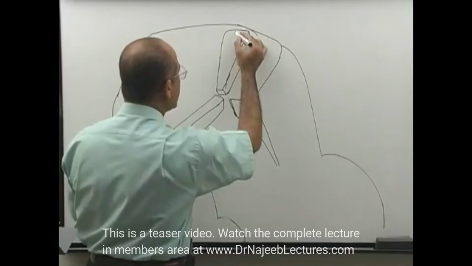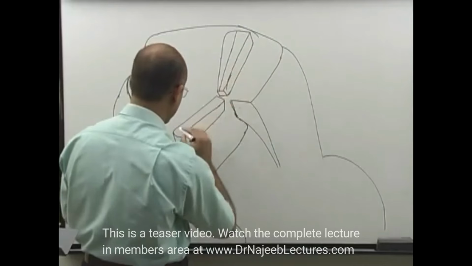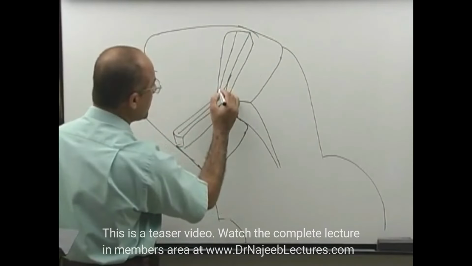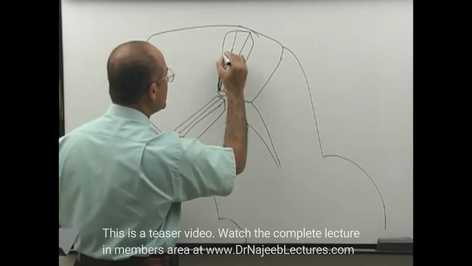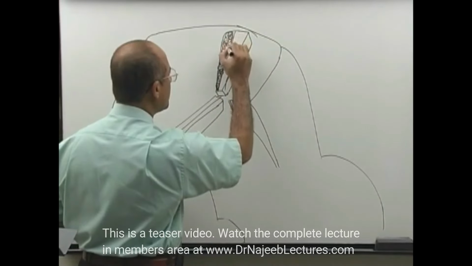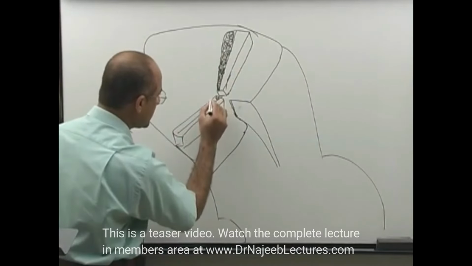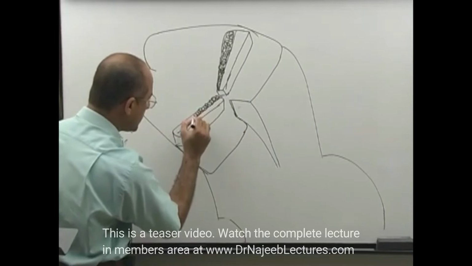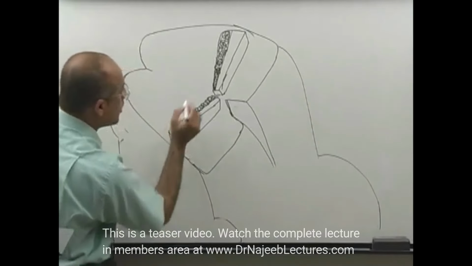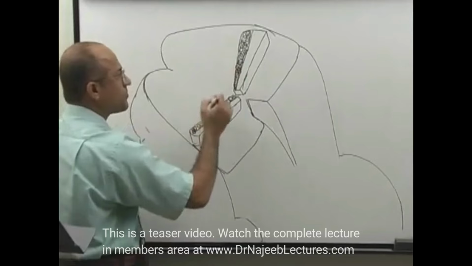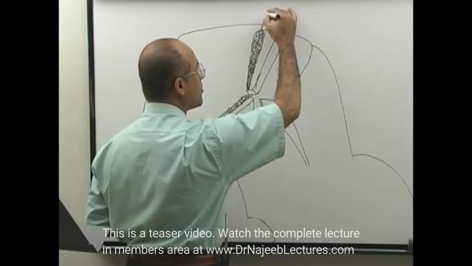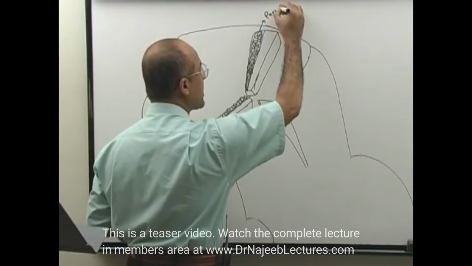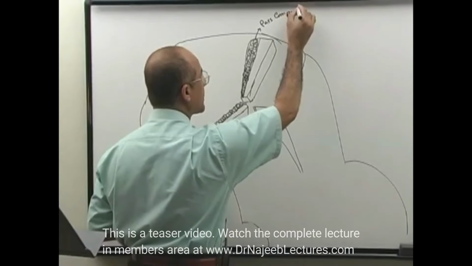Now substantia nigra itself has two parts. In the posterior part of it, neurons are very tightly packed and there are dark colored area, very dark colored. Now, this is called which part of the substantia nigra? Pars compacta.